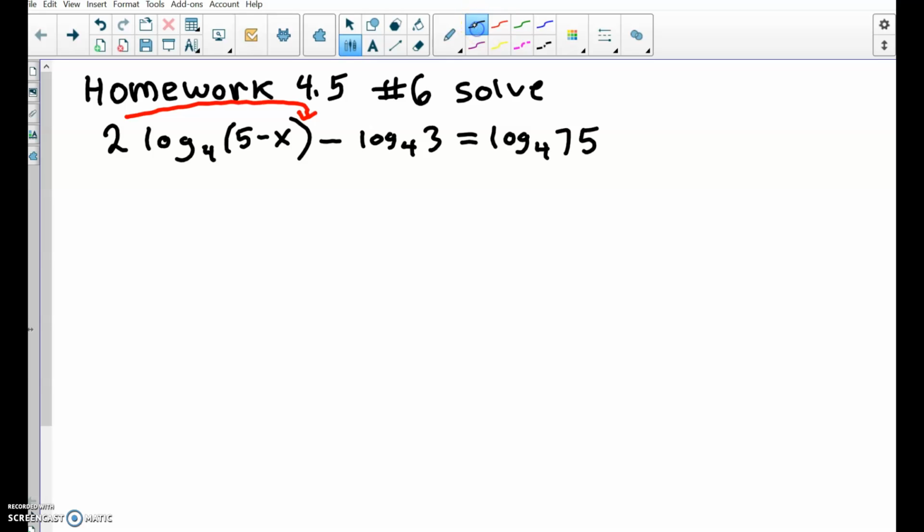So I can rewrite this now as log base 4 of 5 minus x squared.